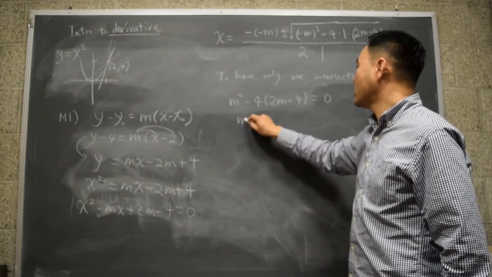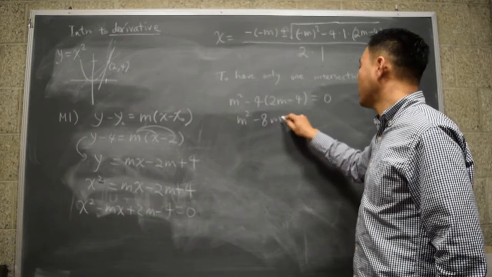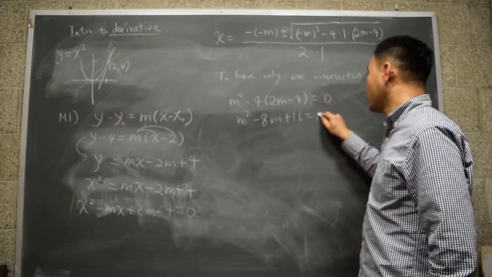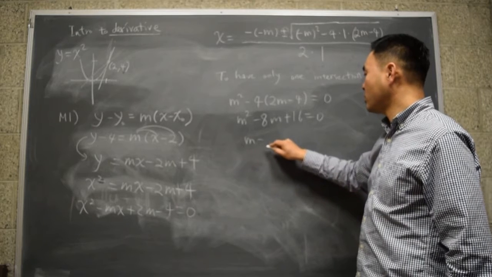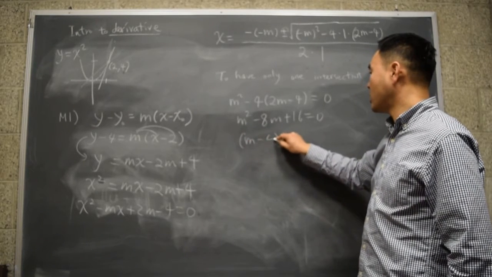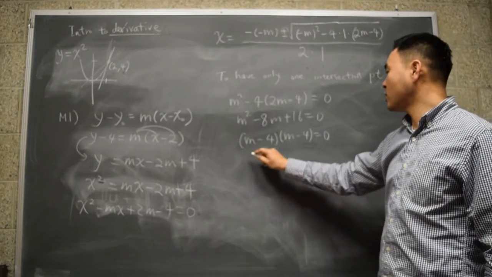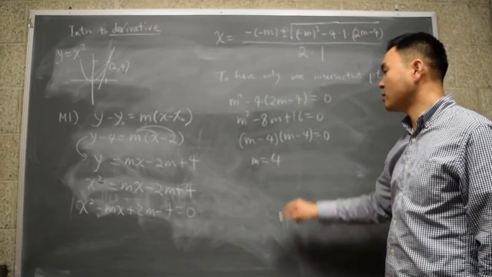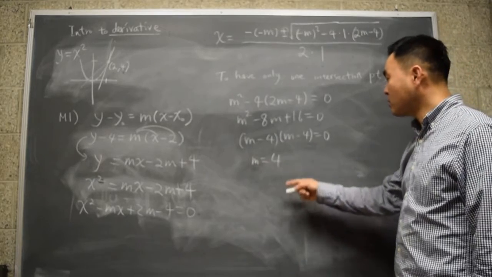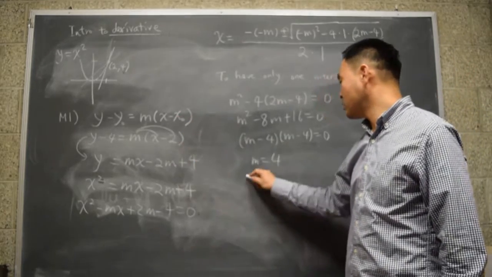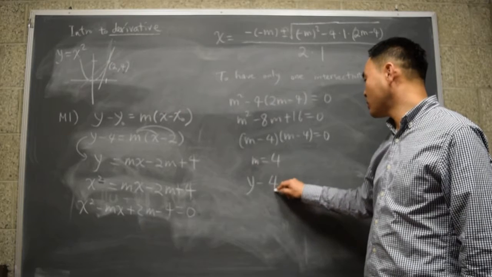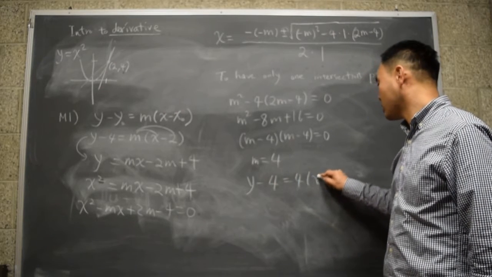Let's see, m squared minus 8m plus 16 should be 0, and this actually factors as m minus 4 times m minus 4 equals 0, and therefore m is equal to 4. Alright, and now we just plug m back in, and you get y minus 4 equals 4x minus 2.